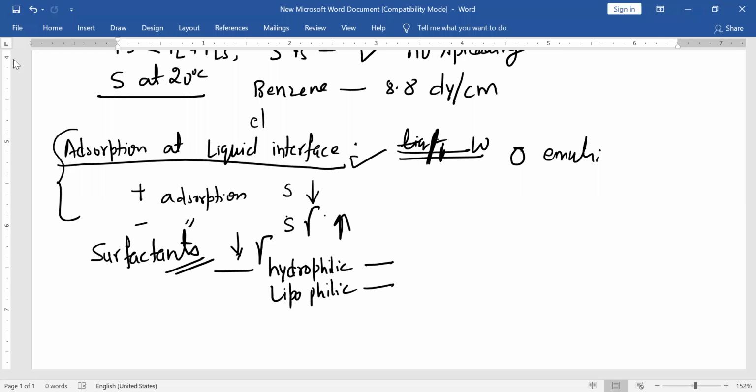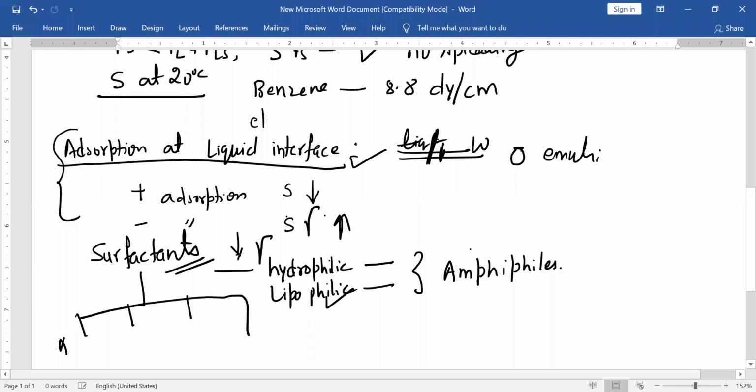So when a surfactant is placed in water, the hydrophilic group dissolves in water while the hydrophobic group forms micelles. The surfactants which have both polar and non-polar groups are known as amphiphiles.